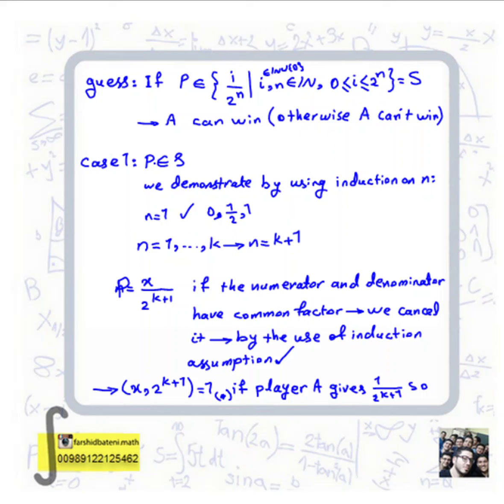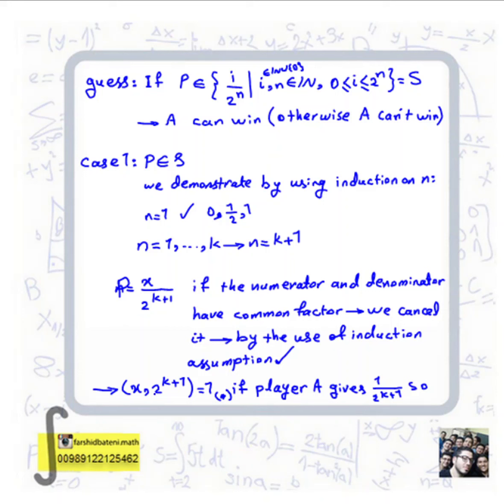At first, case 1: if P belongs to S, we demonstrate it by using induction. For N equal to 1, it is obvious, and we assume it for N from 1 until K, and prove it for N equals K plus 1. Now P is X over 2 to the K plus 1. If the numerator and denominator have a common factor, we can cancel it and the power of the denominator will decrease, and by the use of induction we can prove it.